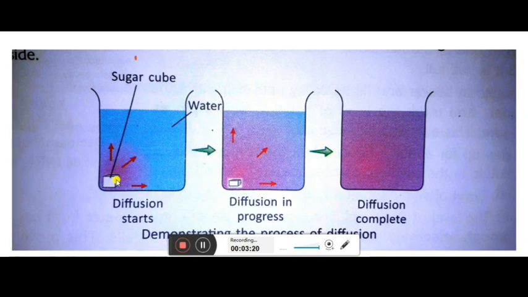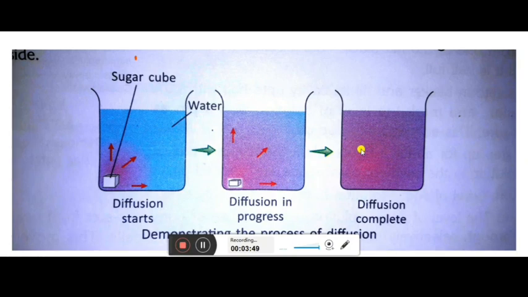When you leave this setup for 15 to 30 minutes, you will find that slowly and gradually the sugar cube gets dissolved in the water, and when you taste this water, it is sweet. That means the sugar molecules are uniformly distributed, and each part of this water will have the same taste.